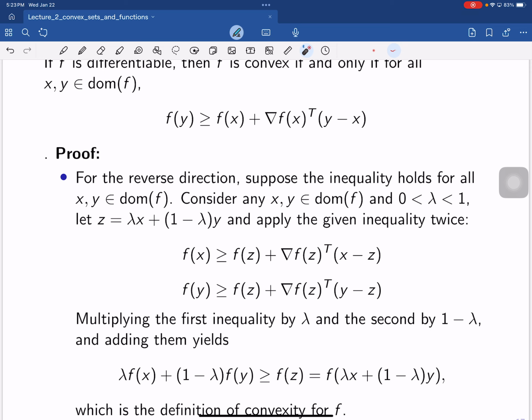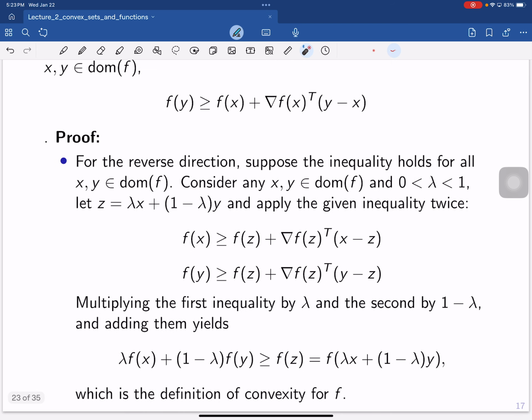Then you apply the first order condition at point z, with respect to x and y separately, and take a convex combination of these two inequalities, and the gradient term will cancel out. After you cancel out the gradient term, you arrive at the definition. Those are just algebra. If you sit down with a piece of paper, this is very straightforward to do.